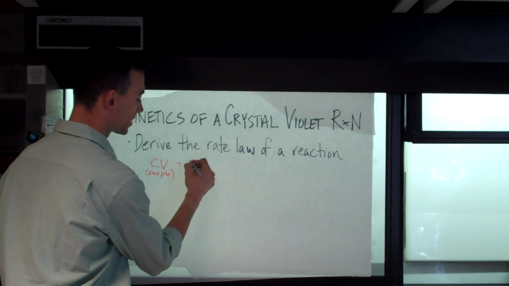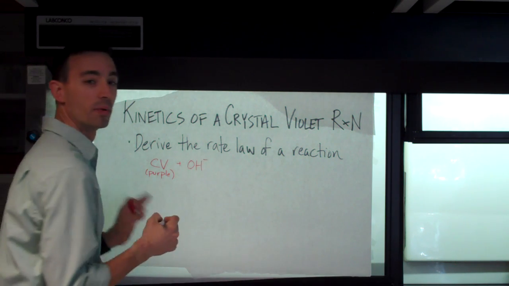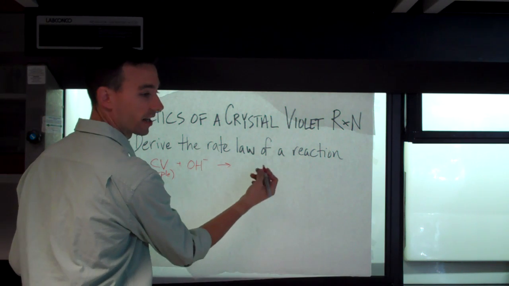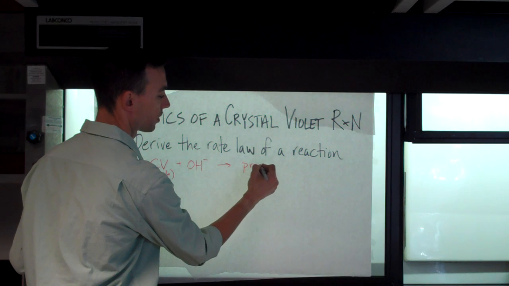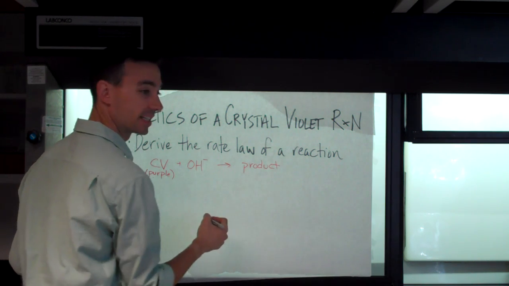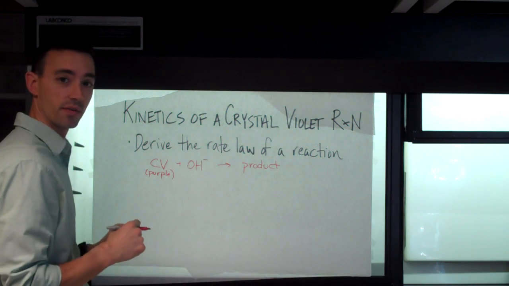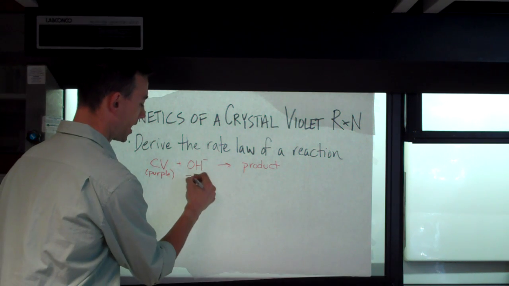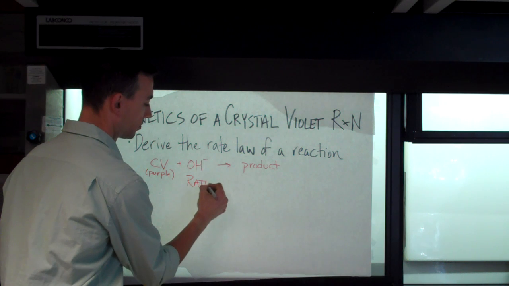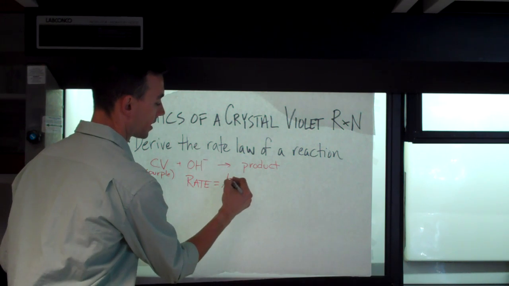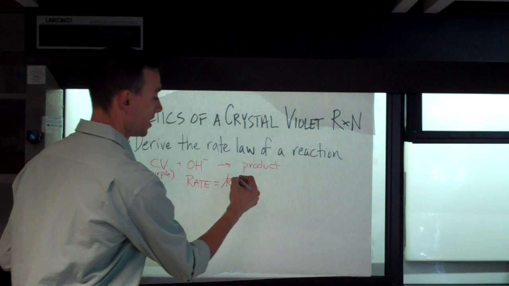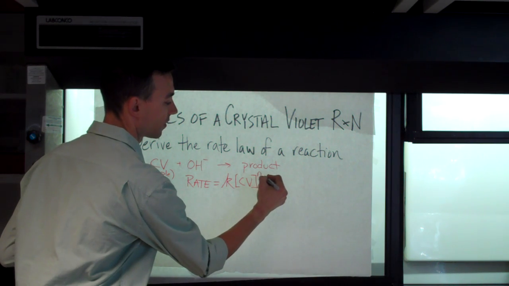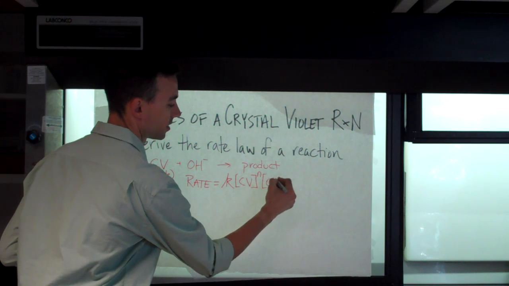Reacting with hydroxide ions. We'll bring those in from sodium hydroxide. And this forms a product over here. We're not super concerned about what that product is, so I'll just generically refer to it as the product. The rate of this reaction, how rapidly it occurs, depends on a rate constant, K, and then the concentration of each of our reactants.